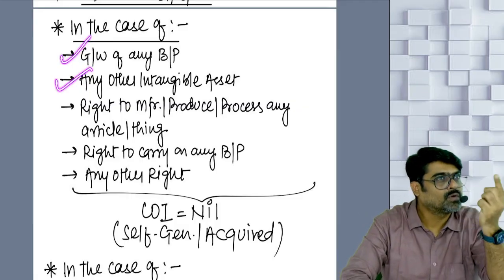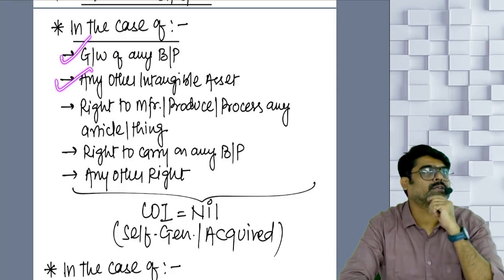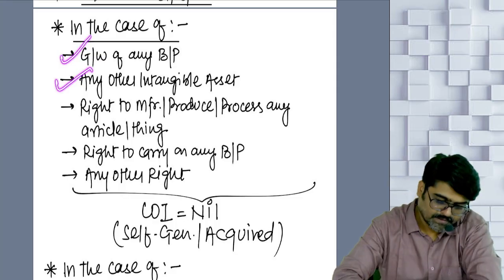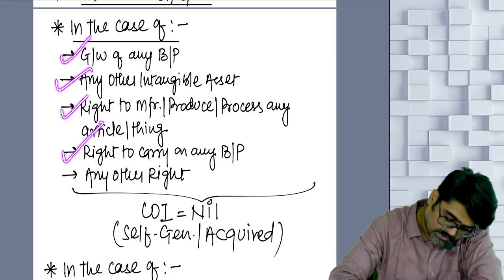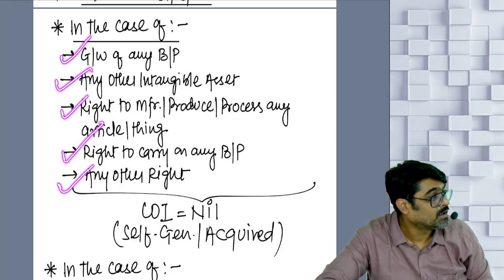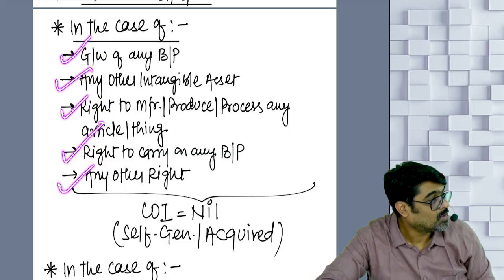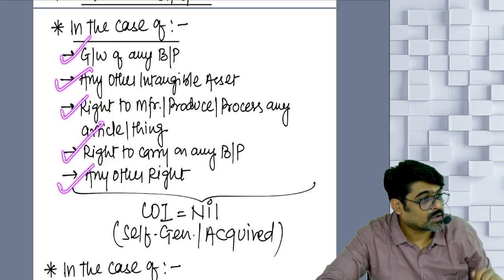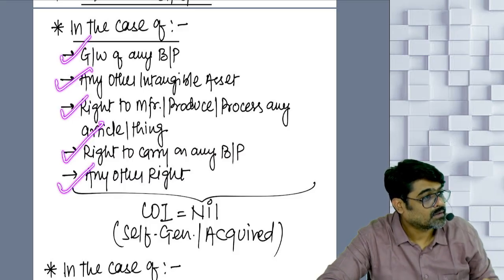So goodwill or any other intangible asset. Then right to manufacture, right to carry on. Then directly any other right. Loom hours not covered, tenancy right not covered, stage carriage permit not covered.